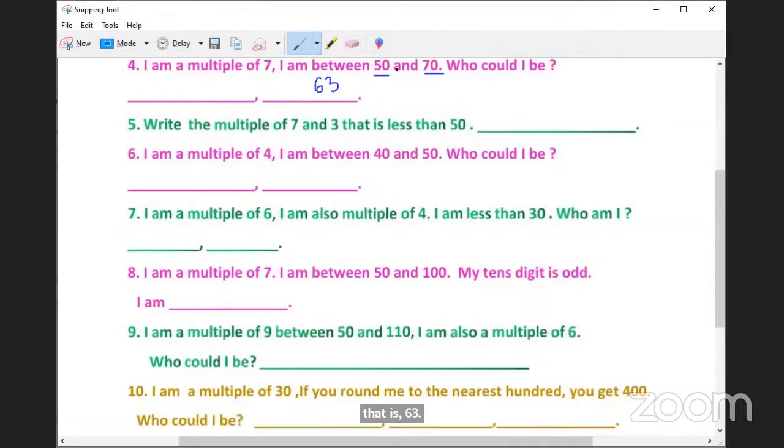I cannot take 70. 63 can be, and 7 times 8 is 56. 56 can also be a multiple of 7 between 50 and 70. Got it? So you need to know the tables well, so please do learn them. Once you revise the tables, this topic becomes much easier.